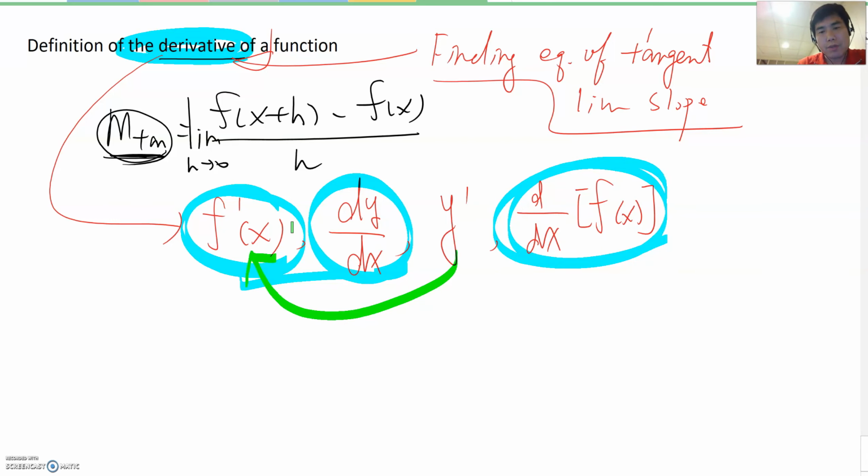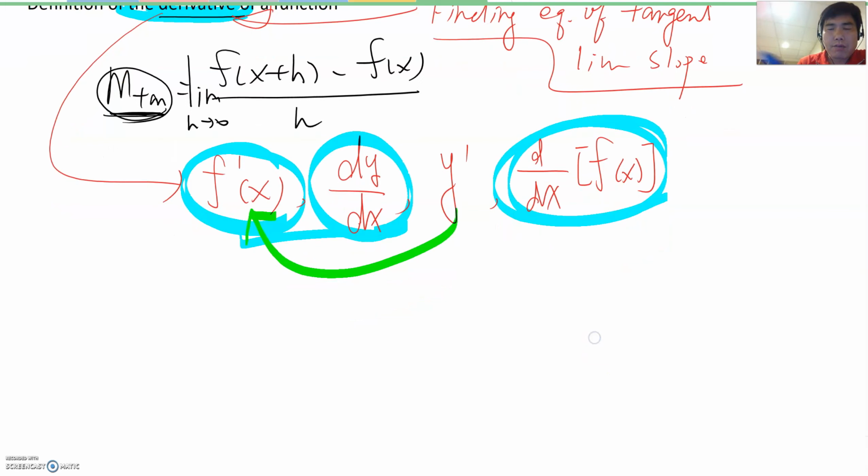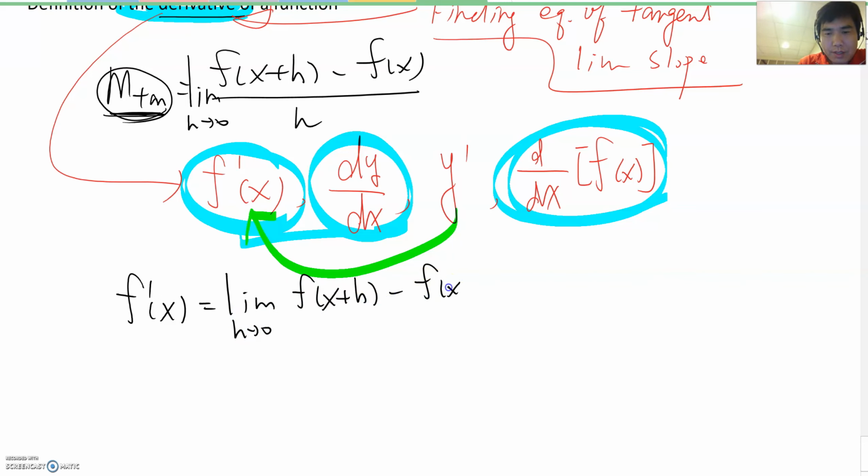So now instead of writing m tangent, or the slope of the tangent line, I can say f prime x equal to the limit as h moves to 0 of f(x plus h) minus f(x) over h, like that.